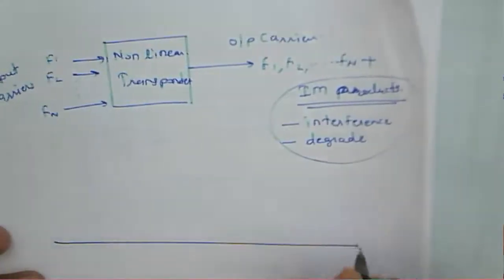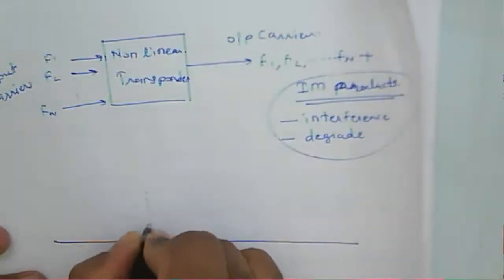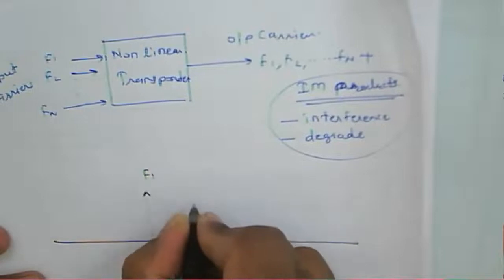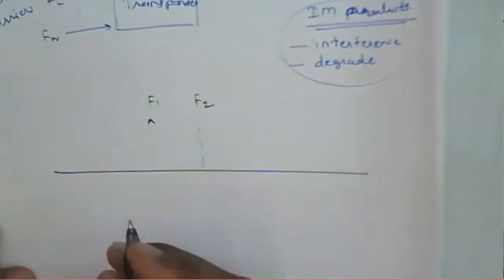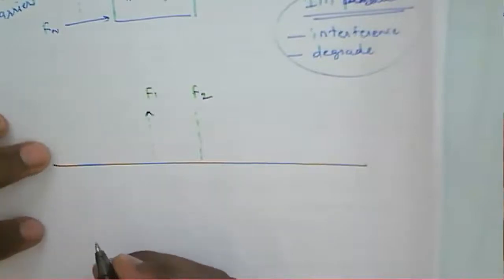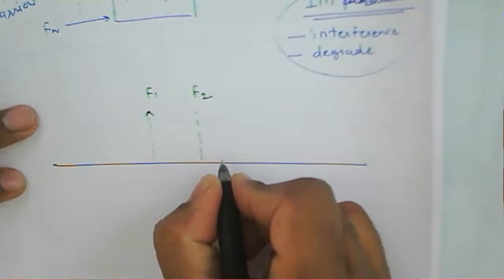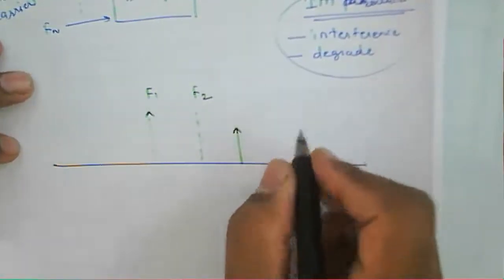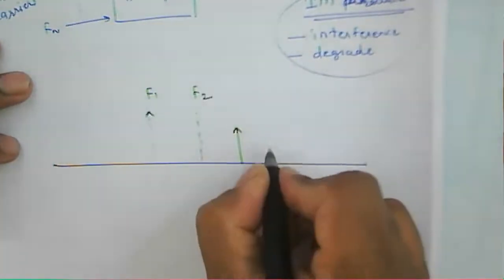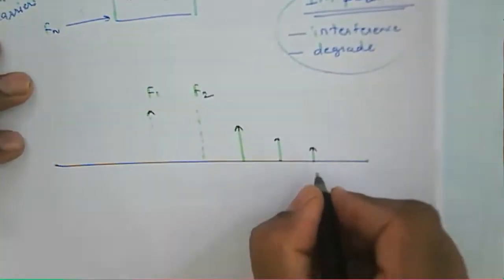And now in this particular spectrum, this is nothing but F1 and this one is nothing but F2. Now these IM products are what? They are multiplication factors, or these are just like a spectrum.